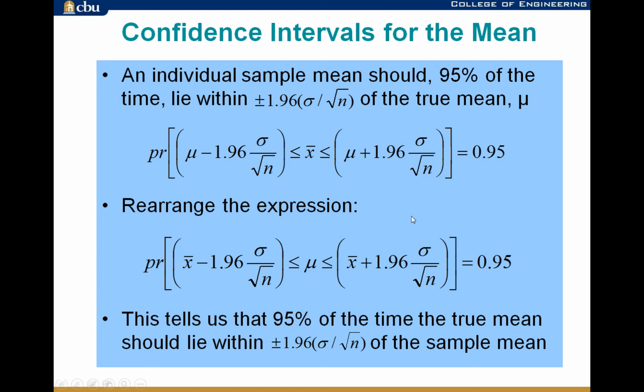And since we don't know about this, we can rearrange the expression around x bar. This tells us that 95% of the time the true mean should lie within plus or minus 1.96 standard deviations of the errors of the sample mean.